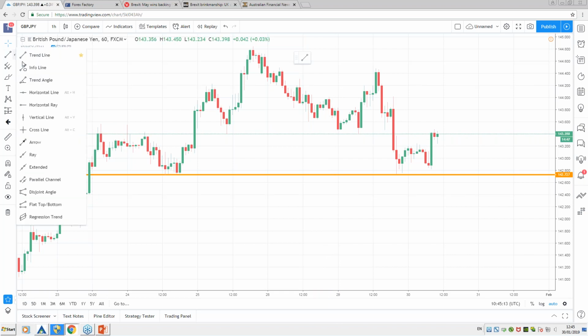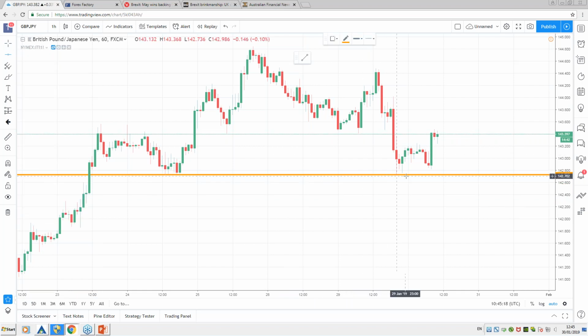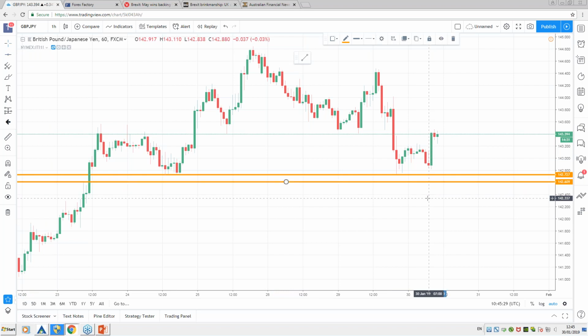Let me draw another line. What kind of pending order could I put below this support that if it breaks the support, we're assuming there must have been bad news, right? If it breaks the support, what kind of pending order could I have right here programmed to sell? Has anyone used pending orders?